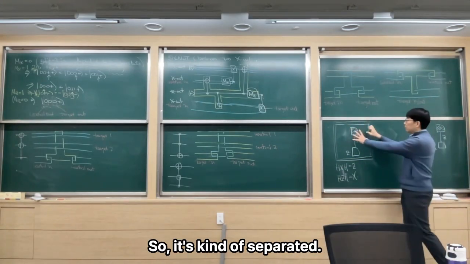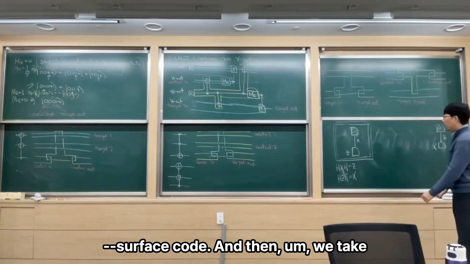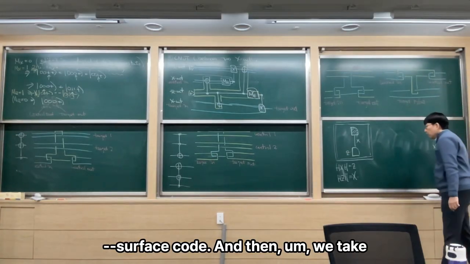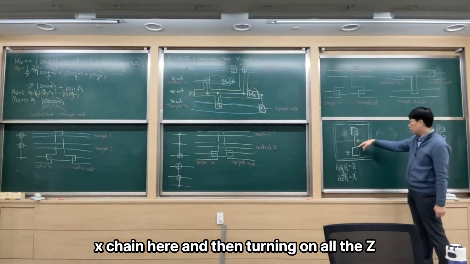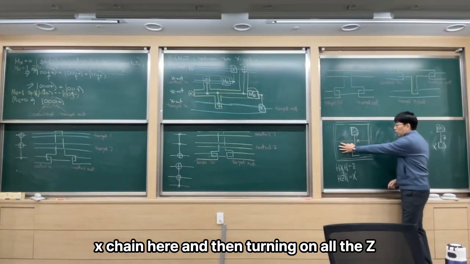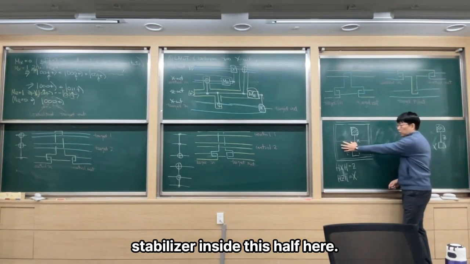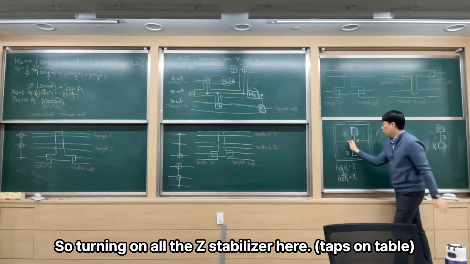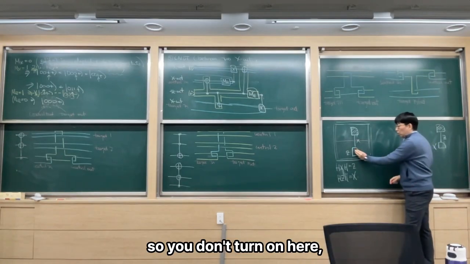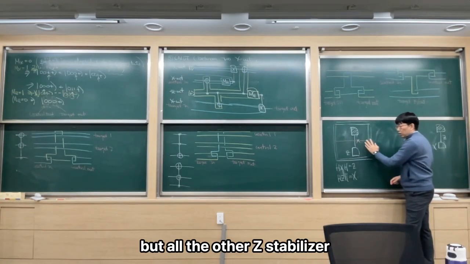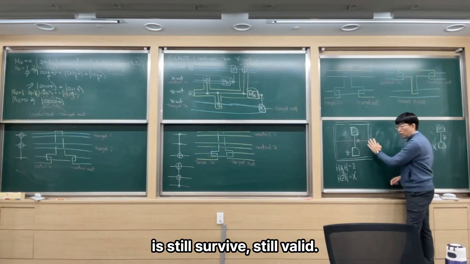So it's kind of a separated surface code. We take half of this, through this X chain here, and turn on all the Z stabilizers inside this half. There's a hole here, so you don't turn on there, but all the other Z stabilizers are still valid.